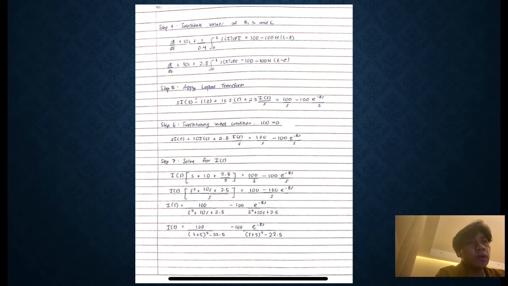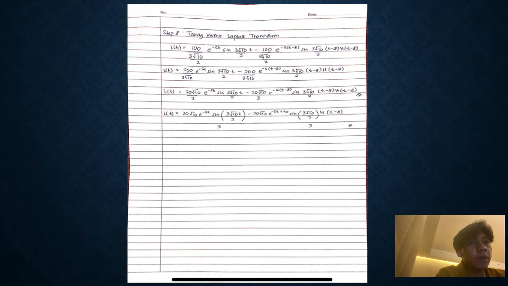Then for the last step, we use the inverse Laplace transform so that we get the final calculation for I(t), and we get the answer of I(t), which is shown in the picture.